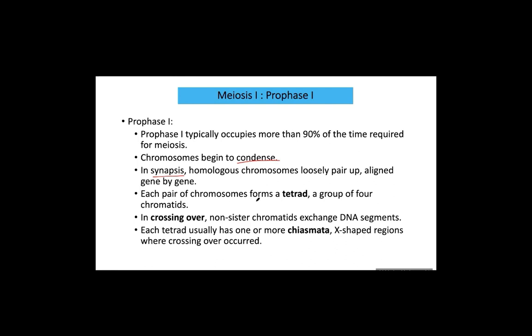Each pair of chromosomes forms a tetrad, because one chromosome has 2 sister chromatids, and a pair of chromosomes means 2 chromosomes. The other member of the homologous pair also has 2 sister chromatids, so you have all 4 sister chromatids. We call this a tetrad, a group of 4 chromatids.